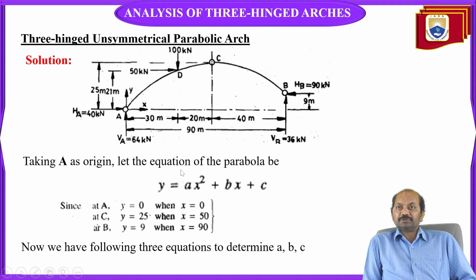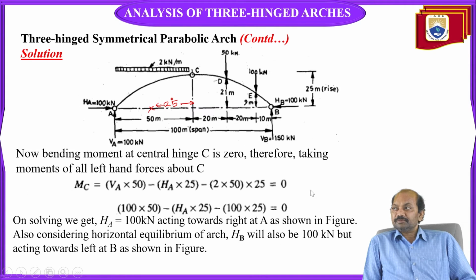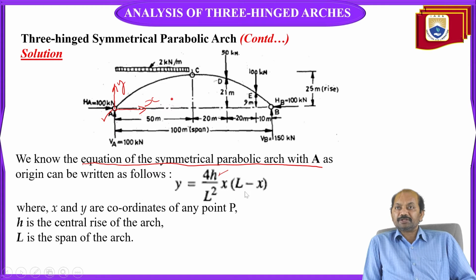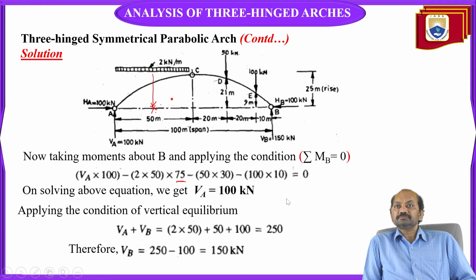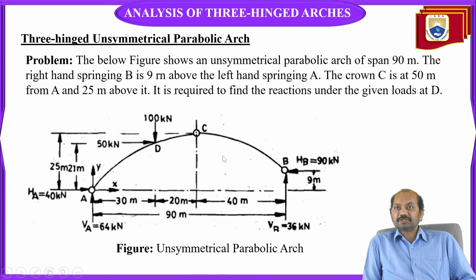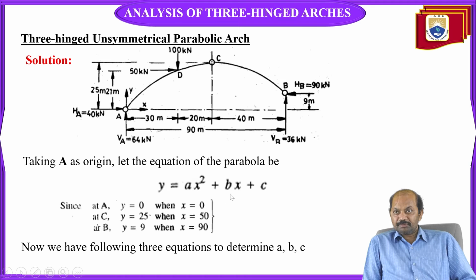Suppose it is a symmetrical arch, the equation will be y is equal to 4h by L square into x into L minus x. In this case, the parabola is unsymmetrical, so the general equation of parabola is ax square plus bx plus c.